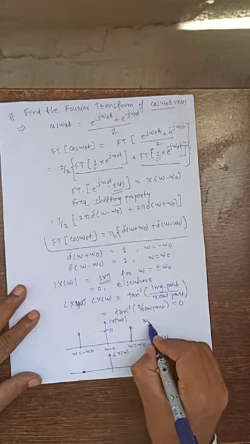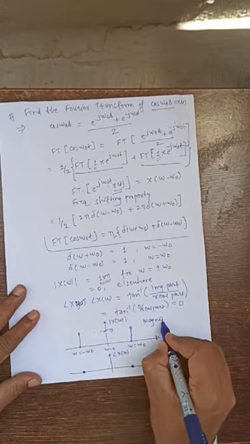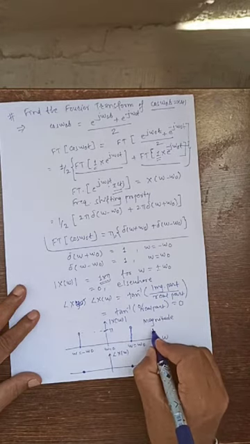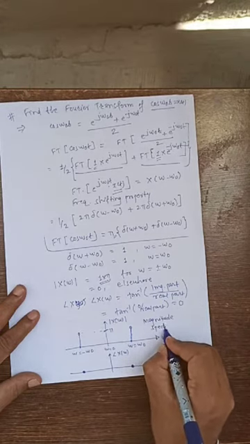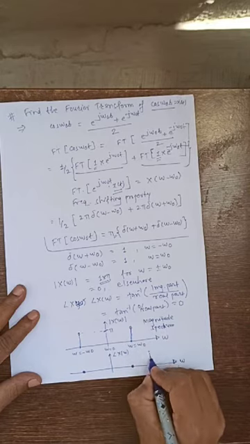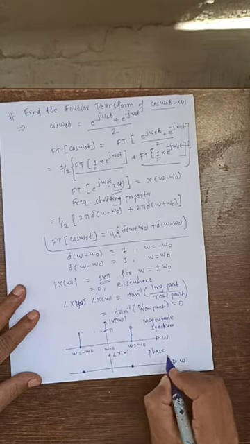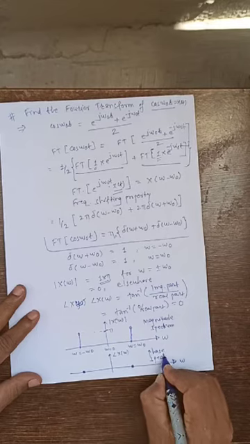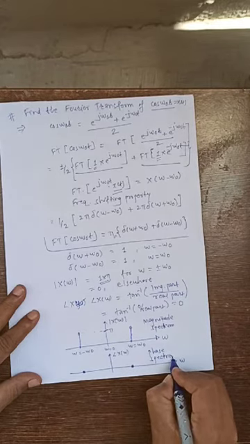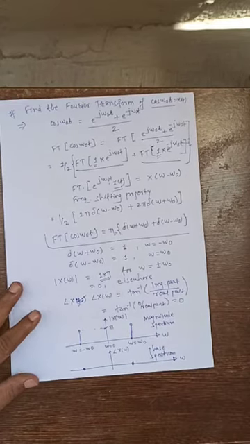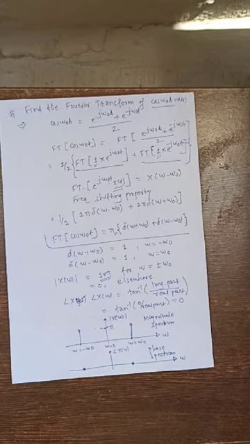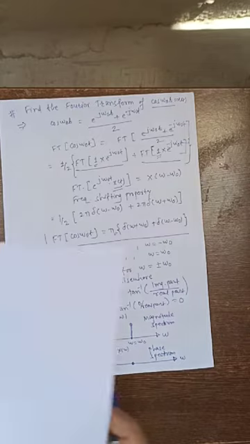So this is the magnitude spectrum and this is the phase spectrum, right? Magnitude spectrum and phase spectrum. Now this is the Fourier transform of cos omega naught t. Similarly, you can find out the Fourier transform of sin omega naught t.